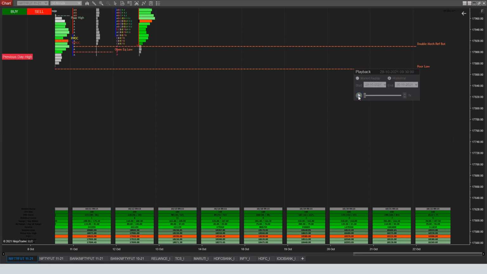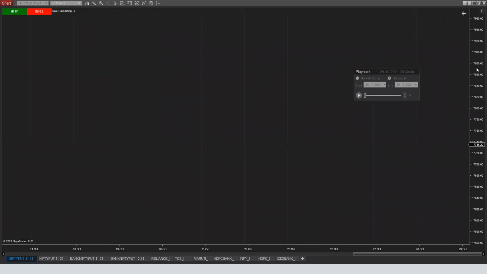Let me go and run the simulation here on the 29th. Hopefully it will run. It takes a little bit of time to run, because the calculations of market profiles are a bit intensive, so it needs a little time to compute the market profile up to that point, and then it starts running from there.